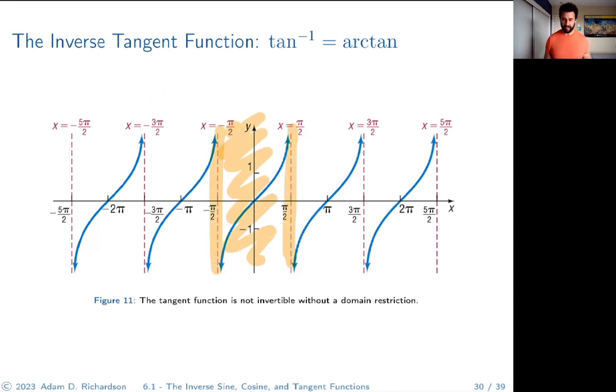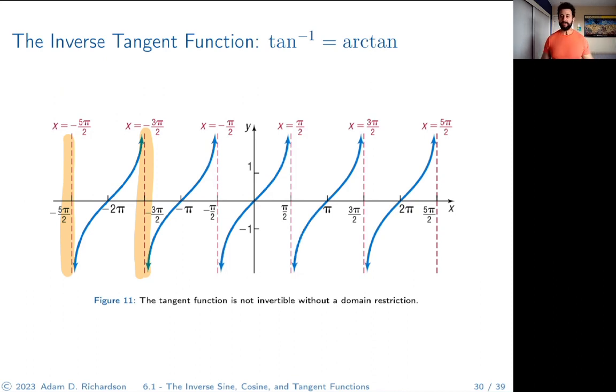It's really just a convention to make things easier on us. We could have just as well chosen this interval instead, and just looked at the tangent function on the interval negative 5 pi over 2 to negative 3 pi over 2.